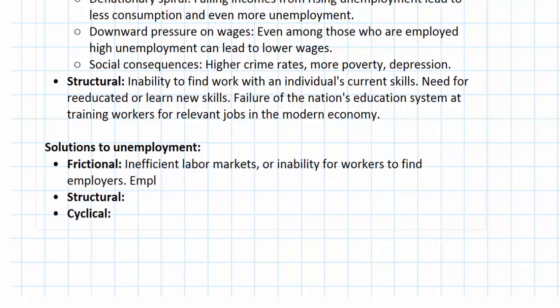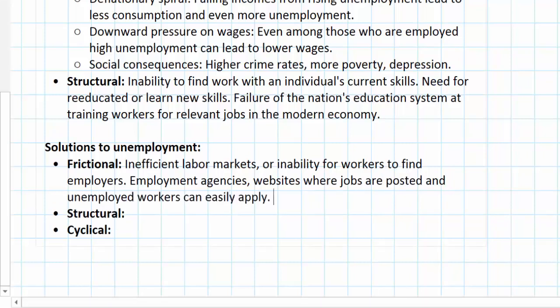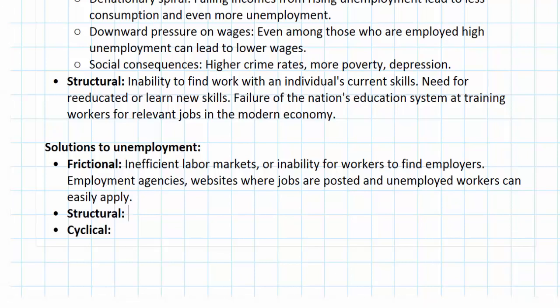So things like employment agencies or websites where jobs are posted and people looking for those jobs can easily apply. So this is fairly straightforward here. Frictional unemployment means people are having a hard time finding the right job, but it doesn't mean that people don't have the right skills. So there's no need necessarily to train people or to give them better educations. Rather, we just need to make it easier for people to find those firms that are looking for skilled workers.